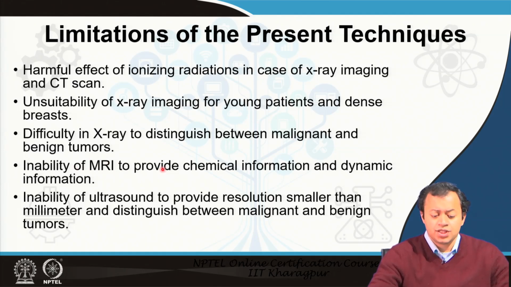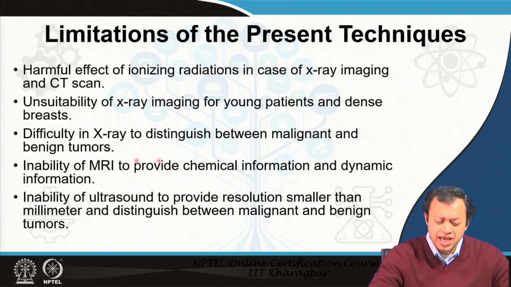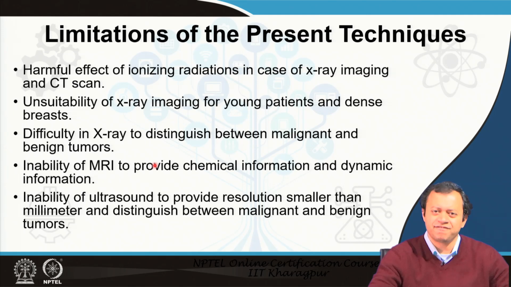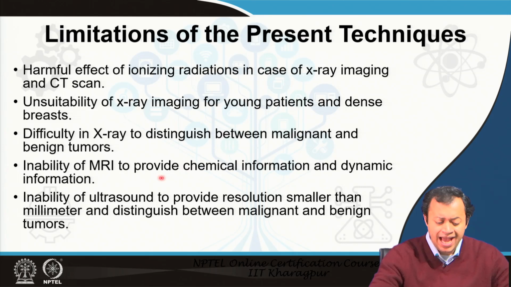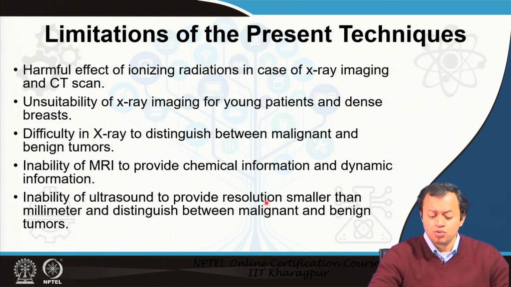Inability of magnetic resonance imaging to provide chemical information. Run of the mill MRI still mostly determines fat and water content. Rest of the things we have difficulty with. And inability of ultrasound to provide resolution smaller than a millimeter and distinguish between malignant and benign tumors.